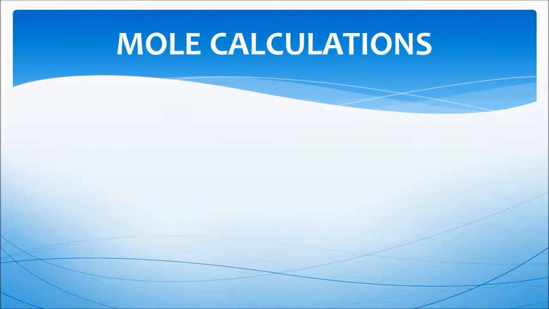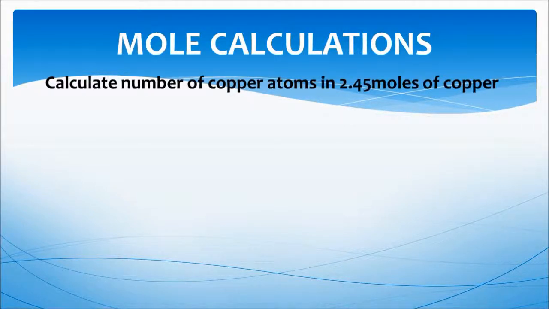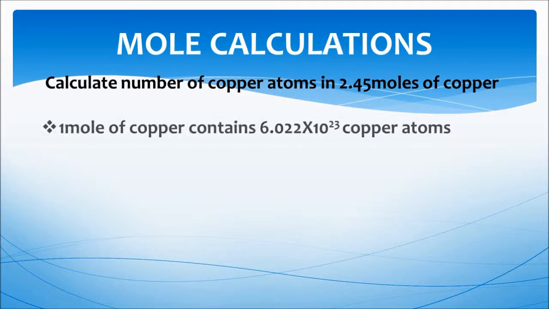We often use the number of moles to help us with our calculations. For example, you're often asked to calculate the number of atoms found in a particular number of moles. In this example, you are asked to calculate the number of copper atoms in 2.45 moles of copper.